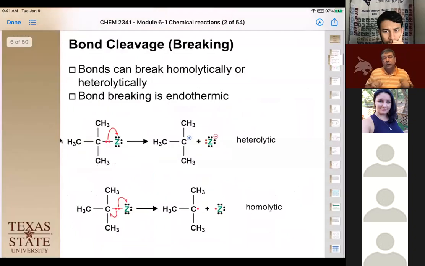Now, this one we're going to look at is called bond cleavage. Okay, so this happens in a couple different ways. There's heterolytic cleavage, hetero meaning different, meaning that one atom will lose electrons and one atom will gain electrons.